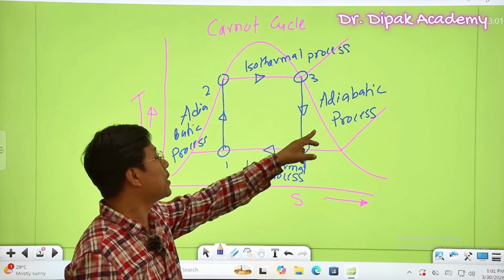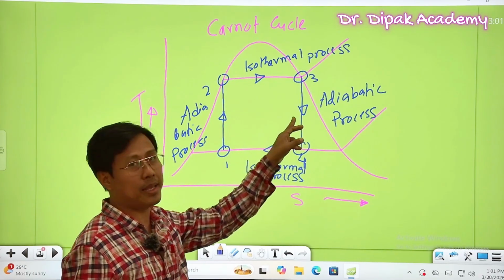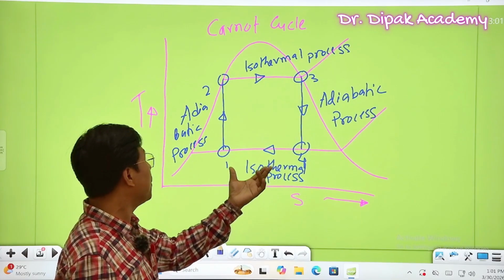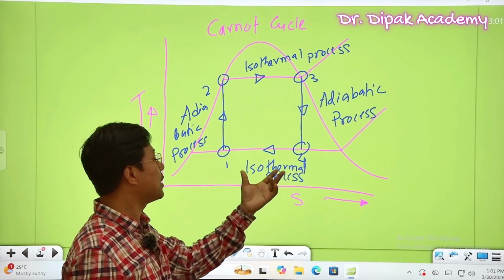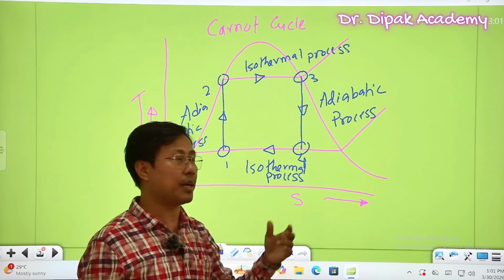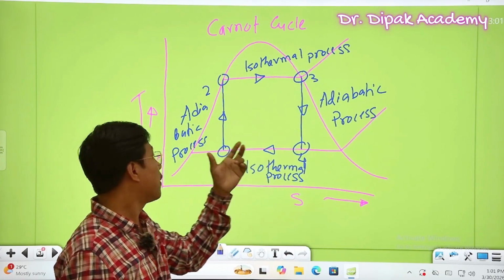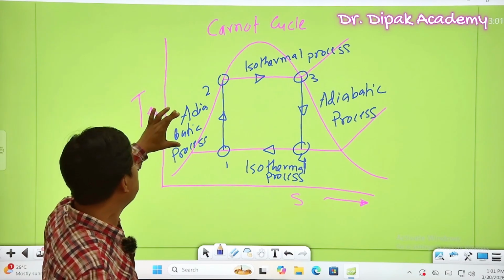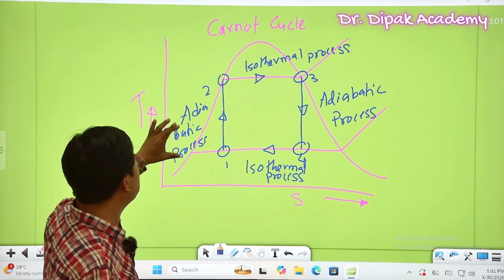Then we have a reversible adiabatic process, which is the same as in the Carnot cycle. Then the isothermal process is replaced by the constant pressure condensation process. And finally we have an adiabatic process.